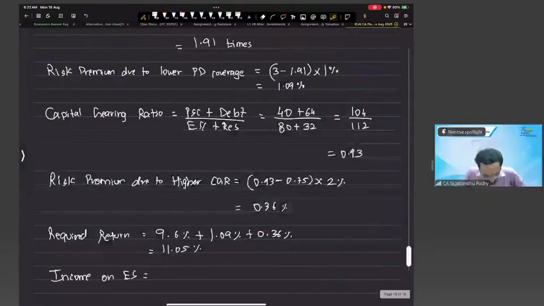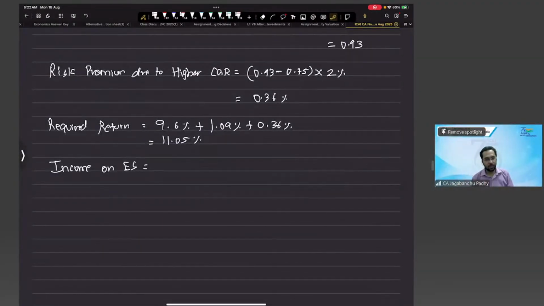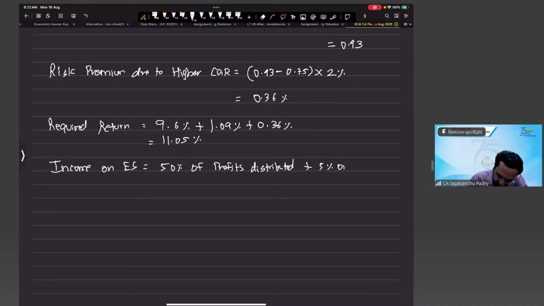So the income on equity shares is going to be 50% of profits distributed plus 5% of undistributed profits.